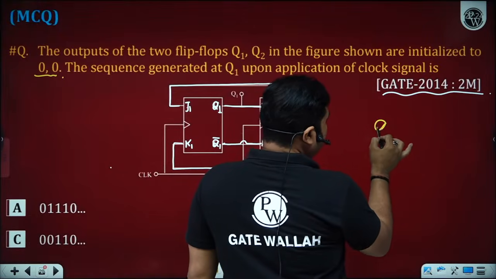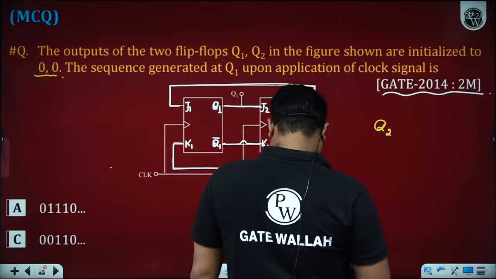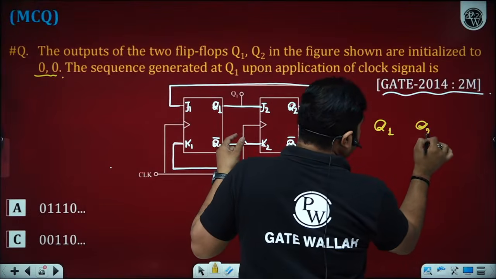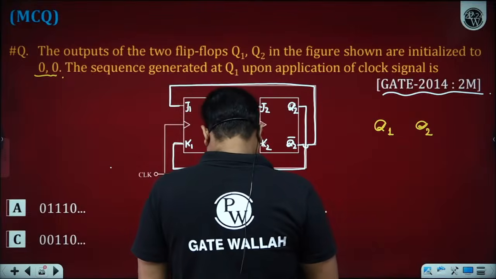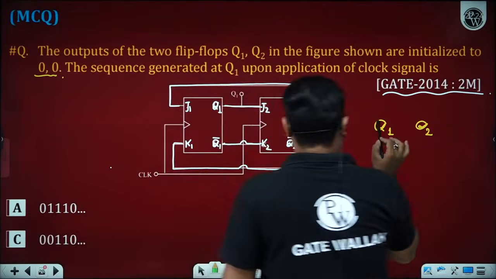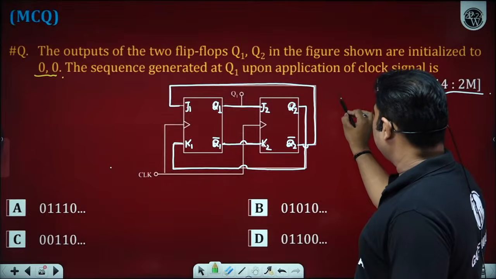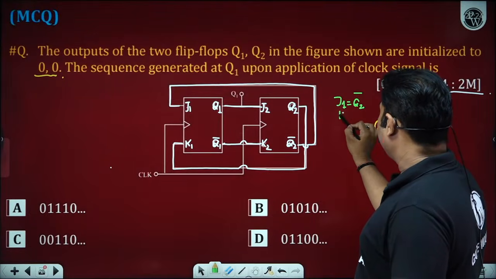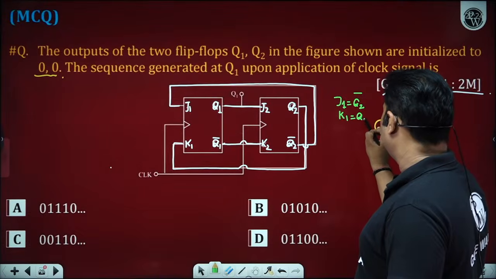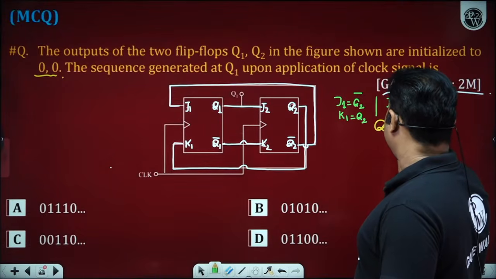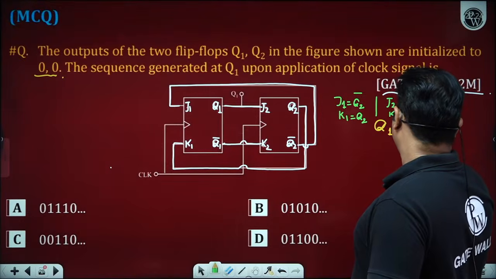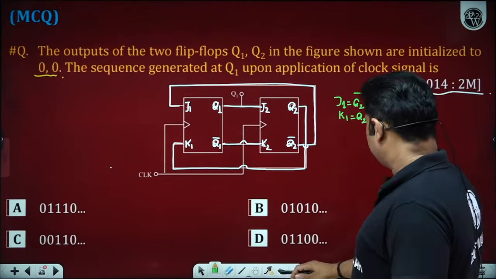We have Q2 and Q1. You can take any one of them as the MSB, it doesn't matter. So Q1, Q2, I am considering like this. Before applying the clock pulse, first find the input to the flip-flop. So we can see J1 is Q2 complement, K1 is Q2, J2 is Q1, and K2 is Q2 complement. Is it okay?